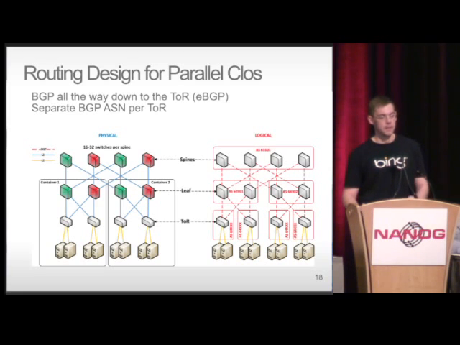We allocate a single AS per row of leaf devices in every container. And the spine, once again, all parallel spines in this topology have the same AS number. So the 2 biggest benefits are L3 down to the Tor and the use of BGP, the same protocol we used before for routing.